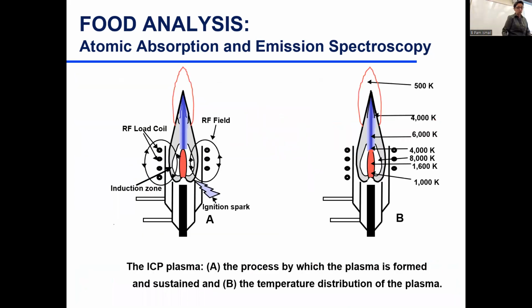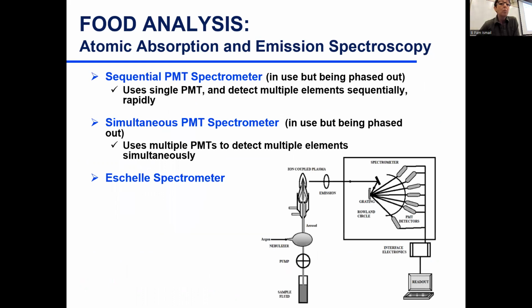This is just the image you find in your book, but the plasma, the temperature, you don't have to worry much about it. But this is what I was talking about, sequential PMT. You only have one PMT, and then you just set it to sequentially detect different elements. Simultaneous, then you have multiple PMTs.